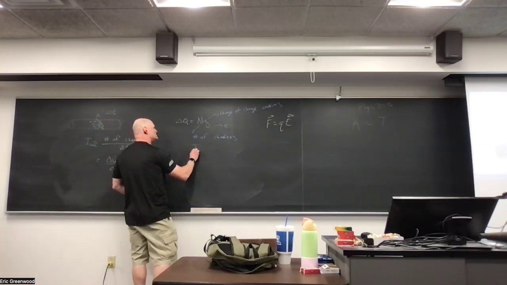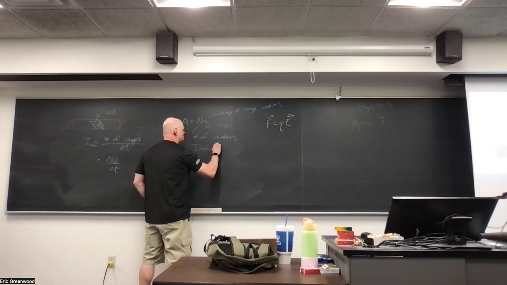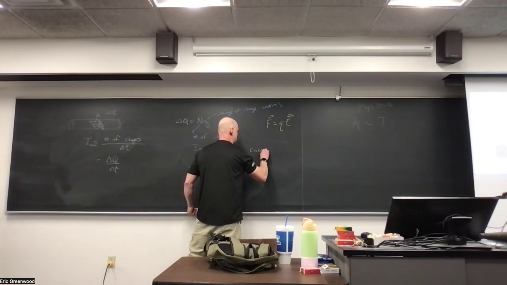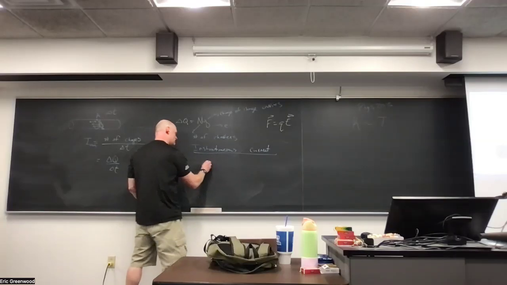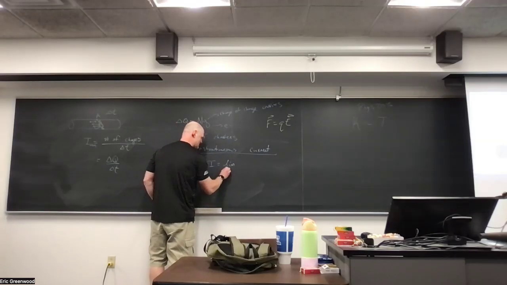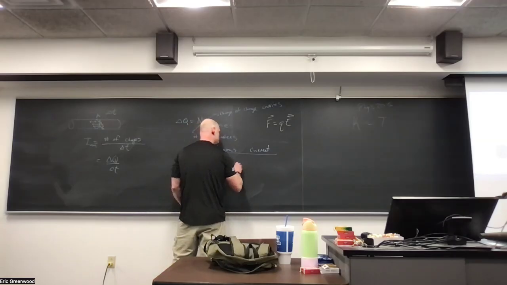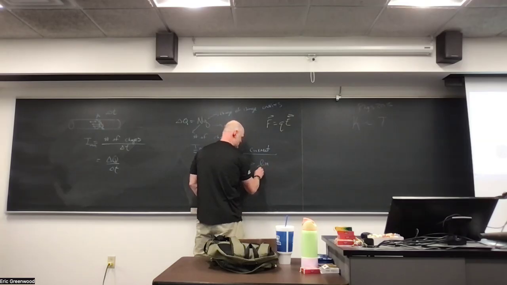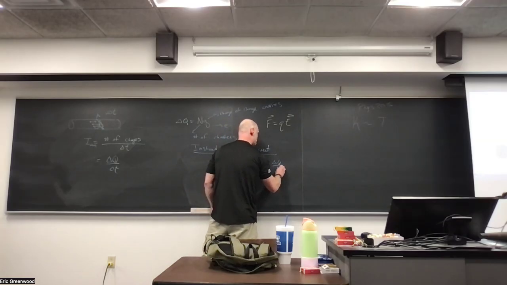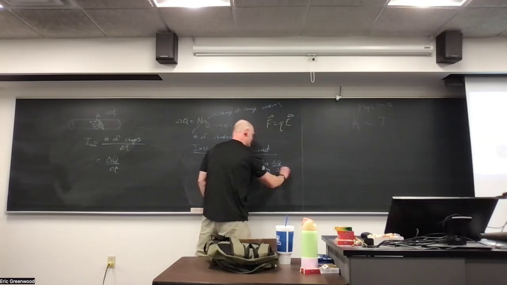So in this case, we can define what's known as the instantaneous current, where instantaneous current is the limit as delta t goes to 0 of our average current, which is the same thing as the limit as delta t goes to 0 of our change in charge divided by the change in time.